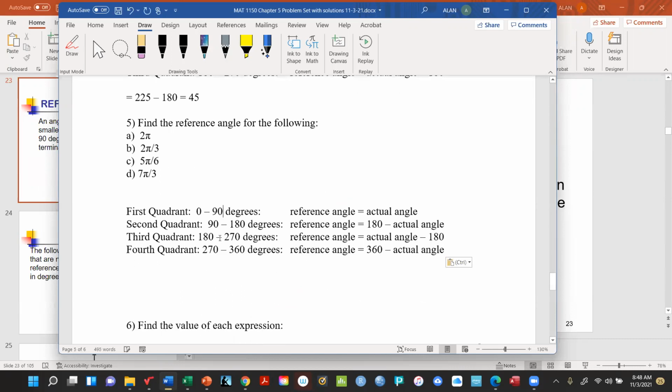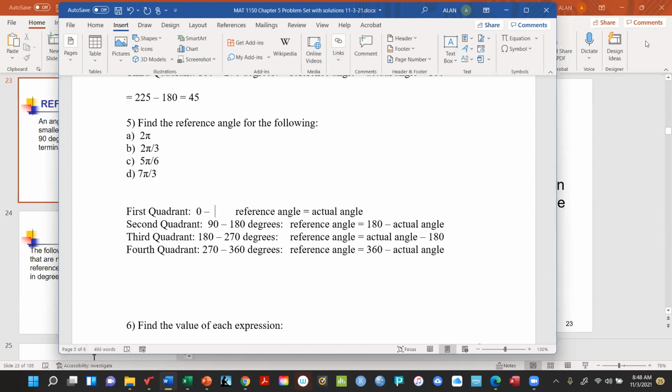So the first quadrant is everything from 0 to pi over 2 radians. But the rules won't change. Now, the second quadrant is pi over 2 up to pi. And so this 180 is going to be replaced with pi.